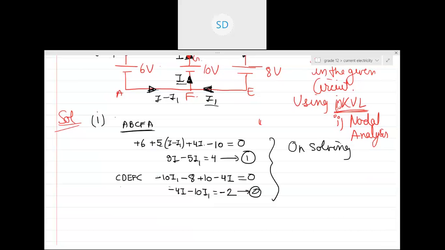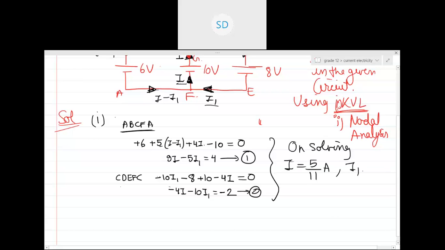A2 is minus 4, B2 is minus 10, C2 is minus 2. And how would we write it in this form? So on solving, i is 5 by 11 amperes.